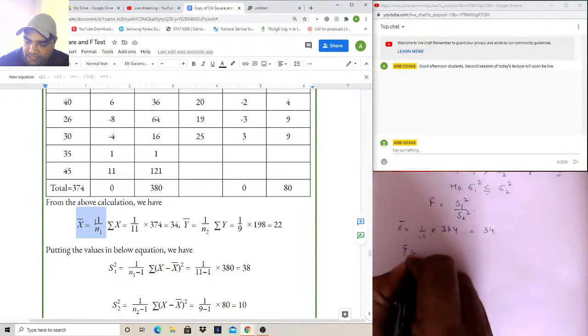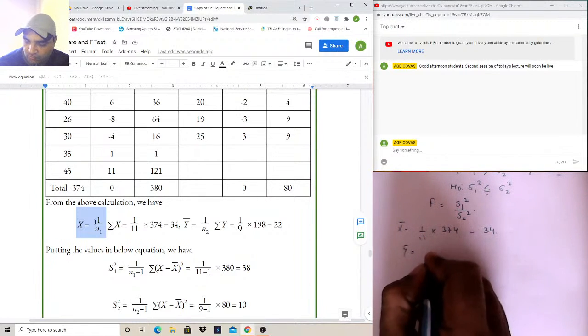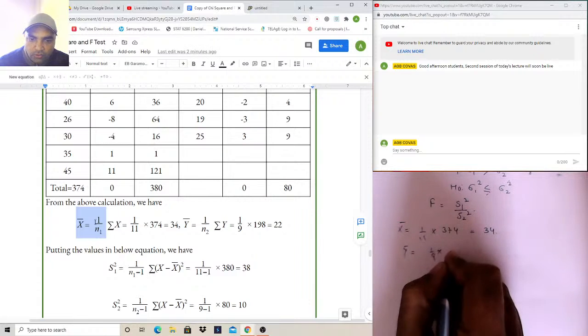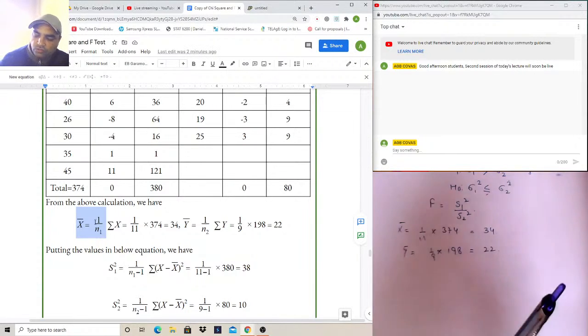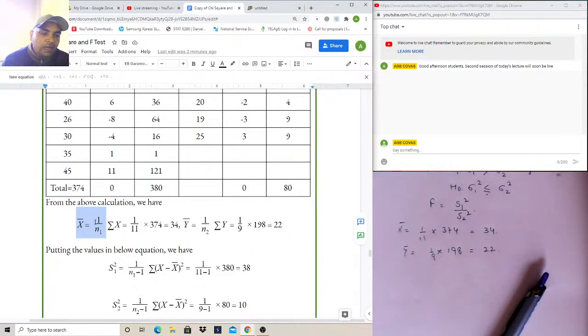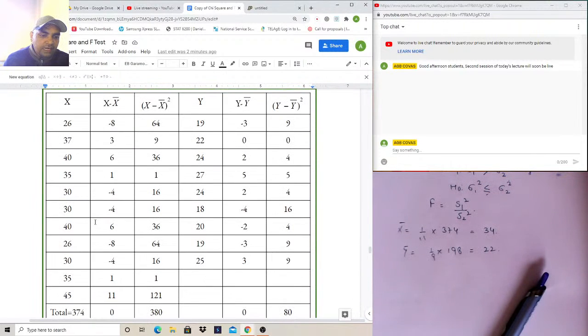Similarly, Y bar can be calculated. It will be equal to 1 upon 9 into 198, which is equal to 22. Once we have our mean values, we can calculate the deviations. X minus X bar: 26 minus 34 is minus 8, then 37 minus 34 is 3, then 40 minus 34 is 6.